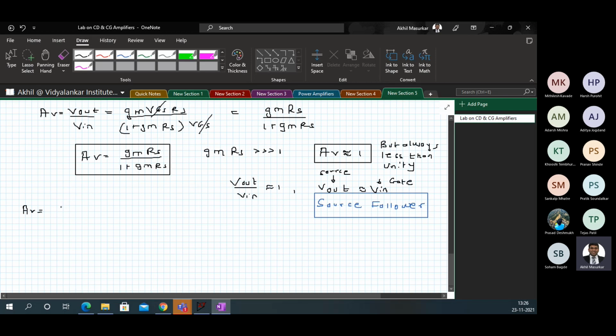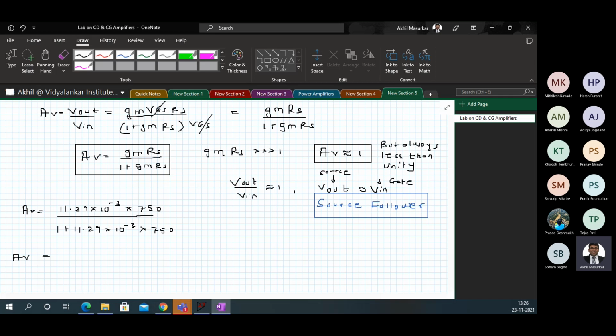GM was 11.29 into 10 raised to minus 3, into RS, which was 750, this entire thing upon 1 plus 11.29 into 10 raised to minus 3 into 750. So what is the value of gain?